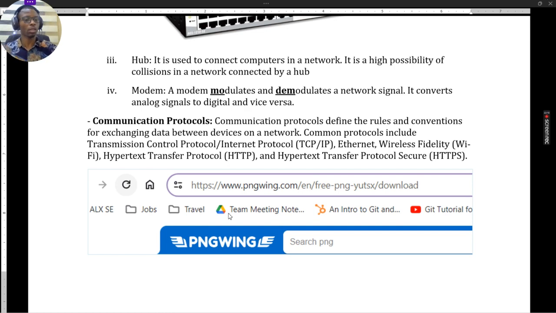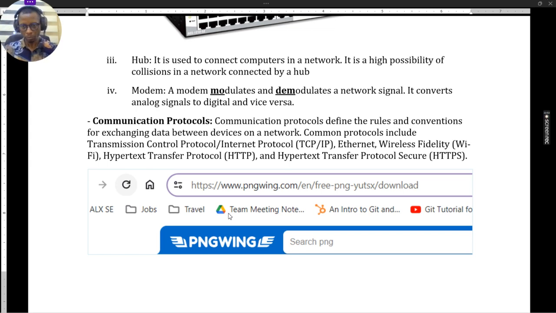So when Dell produces a computer, it follows that same rule. If HP produces a computer, it follows that rule. It gives room for interoperability, even though these things were made by different manufacturers. That's why we need protocols. It's a set guideline that everyone follows. If you don't follow the protocol, you have to use your computer alone because it doesn't work with others, and I don't think any manufacturer will want that, except for some very serious reasons.